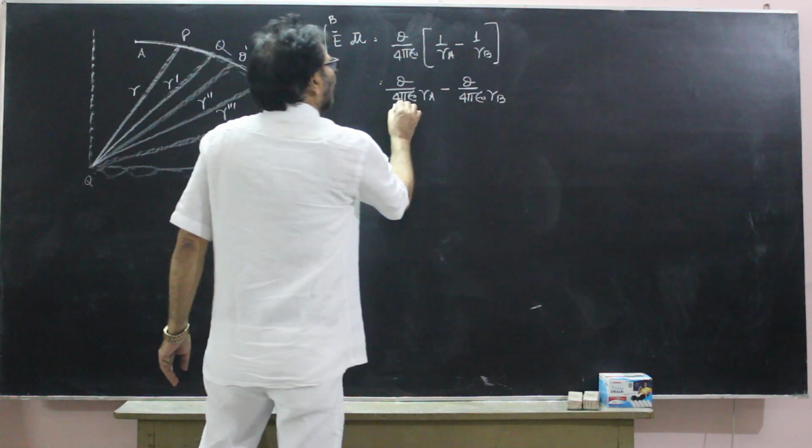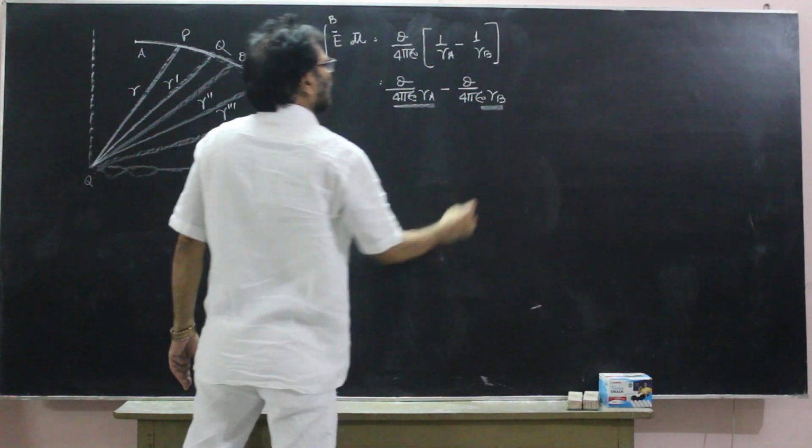So this is the function of RA and this is the function of RB.